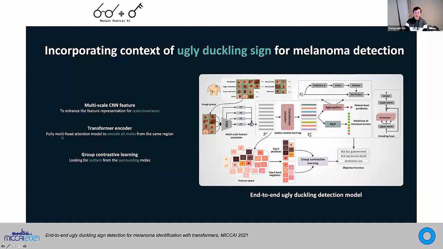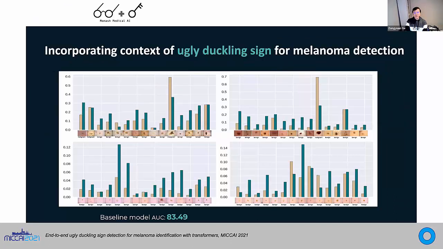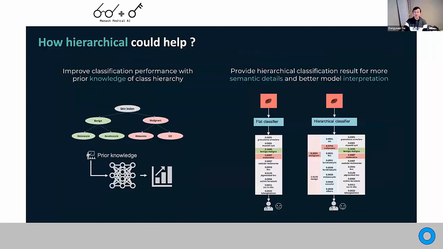We put all the lesion images into the model to learn the correlation. And we also use a specific technique called group contrastive learning to increase the accuracy of the model. I'll skip the data part, but the performance we've got so far is, I think, 3 percentage points better than the baseline. What we got so far is 86.21, which is pretty good for real clinical usage.